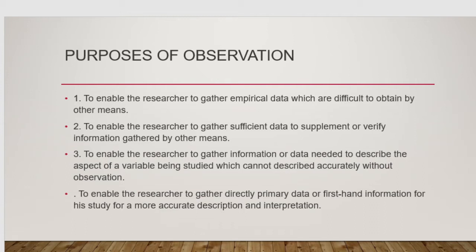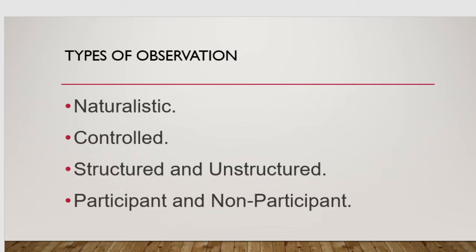The researcher gathers information or data needed to describe the aspect of a variable being studied which cannot be described accurately without observation, and it enables the researcher to gather directly primary data or first-hand information for his study for a more accurate description and interpretation.